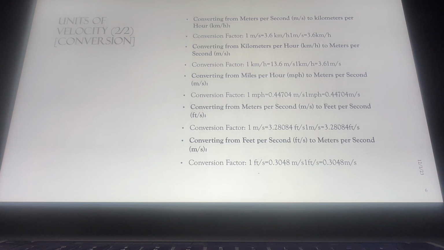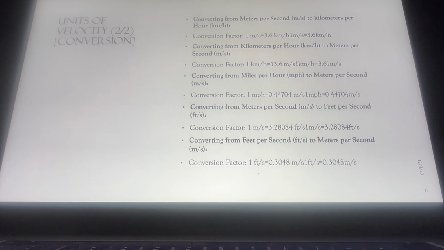Then we have converting miles per hour to meters per second. The conversion factor is 1 mile per hour is equal to 0.44704 meters per second. Then we have converting from meters per second to feet per second.